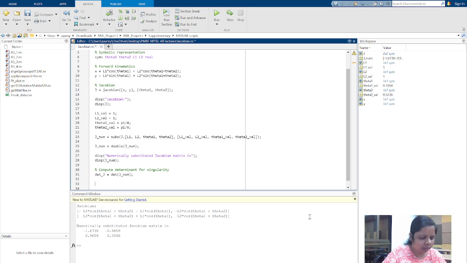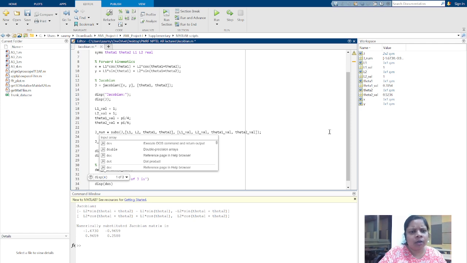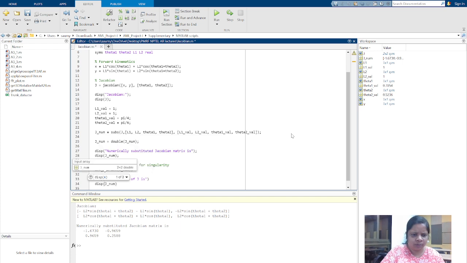After this, we'll display determinant of J is. It is already taken to double, right? So we just need to display it, det J. So you'll get the determinant also from here.